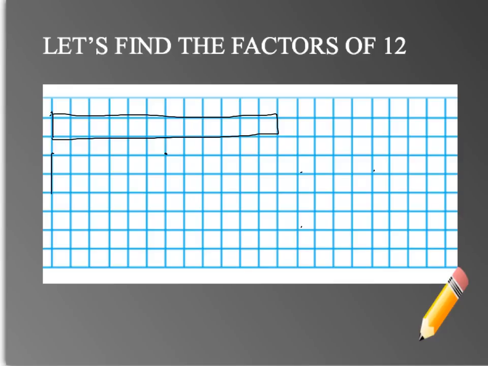How about 2 times 6 boxes? Okay, that would also represent 12. Anything else? I bet some of you were thinking 3 times 4. So make sure you've got these drawn on your grid paper. These are all representations or models of factors of 12.